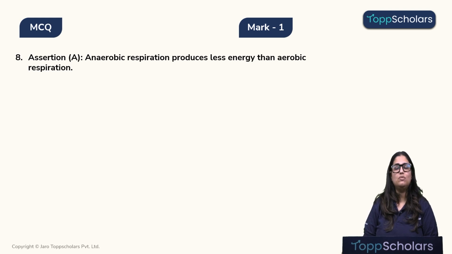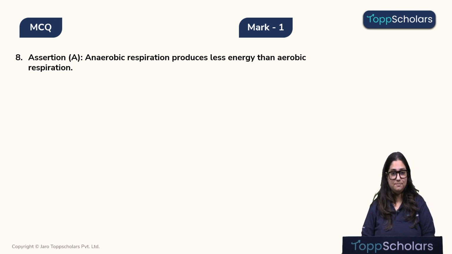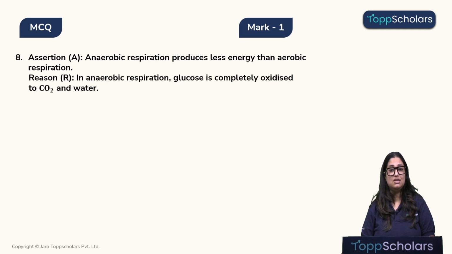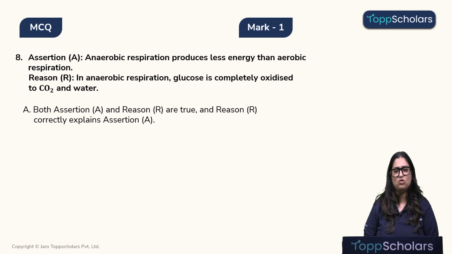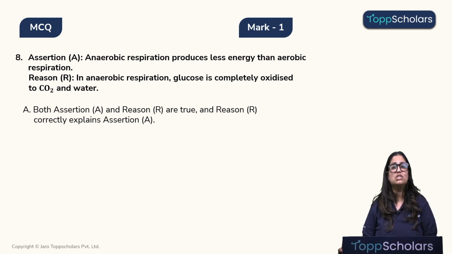Assertion: anaerobic respiration produces less energy than aerobic respiration. Reason for it is that in anaerobic respiration, glucose is completely oxidized to carbon dioxide and water. Now, you have to select the correct option. Option A says, both assertion and reason are true and reason correctly explains the assertion.